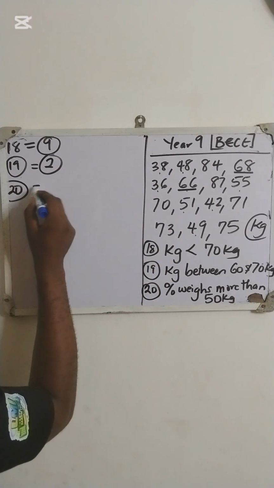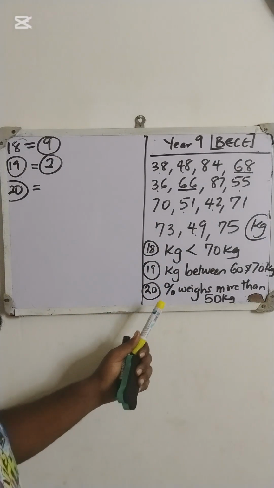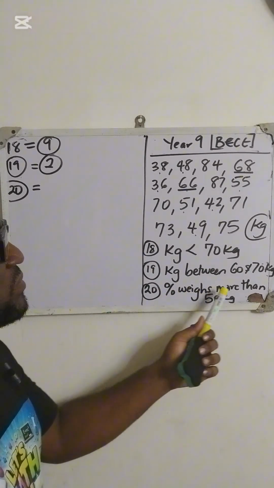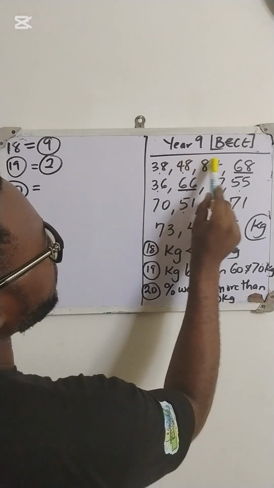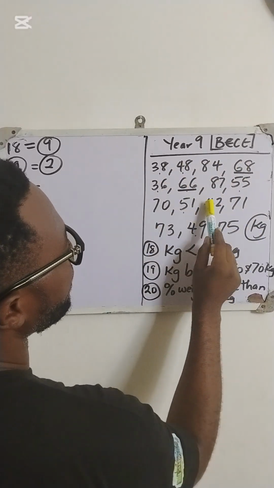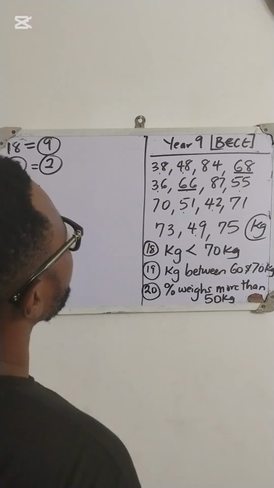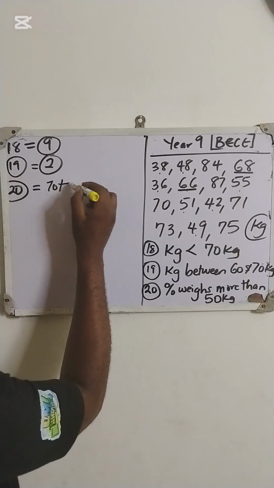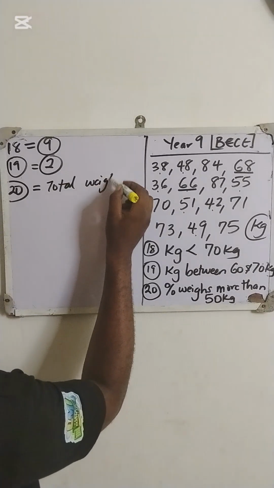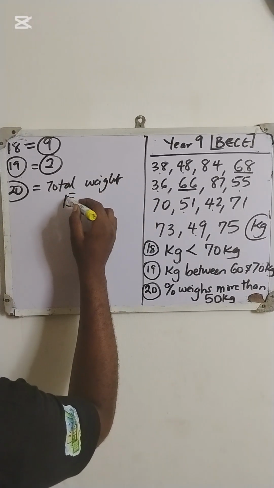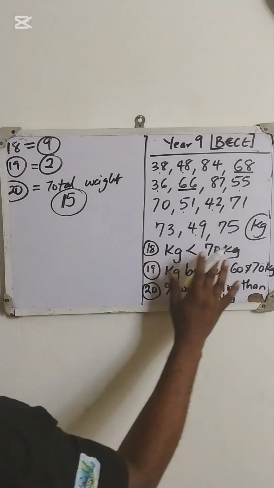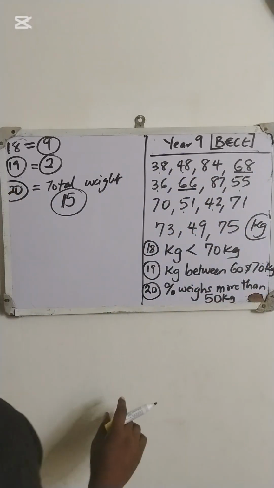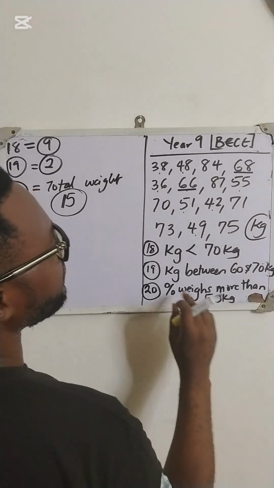So number 20, it says, what is the percentage that weighs more than 50 kg? So let's first count everything there. We have 1, 2, 3, 4, 5, 6, 7, 8, 9, 10, 11, 12, 13, 14, 15. So our total, we have 15 items that are weighed. Now, more than 50 kg.